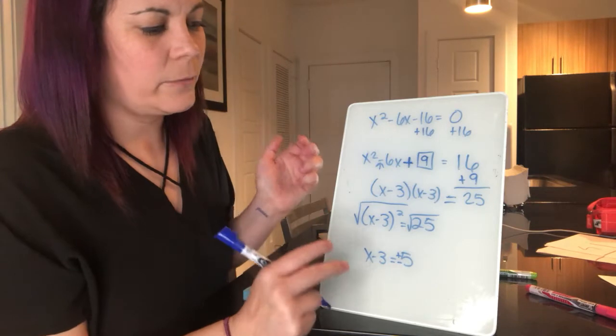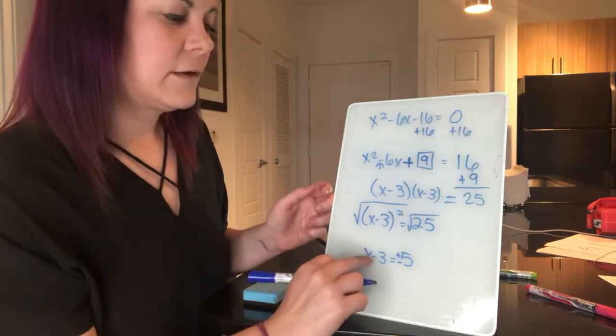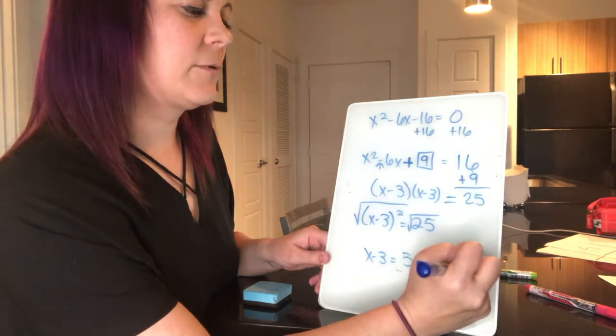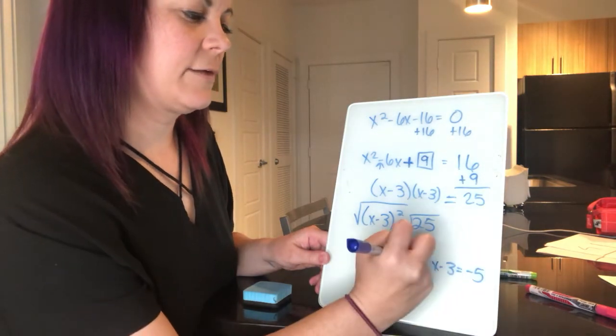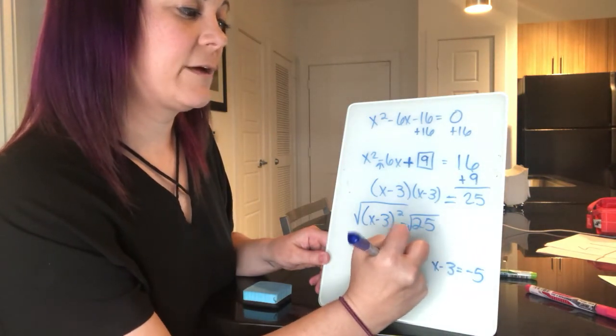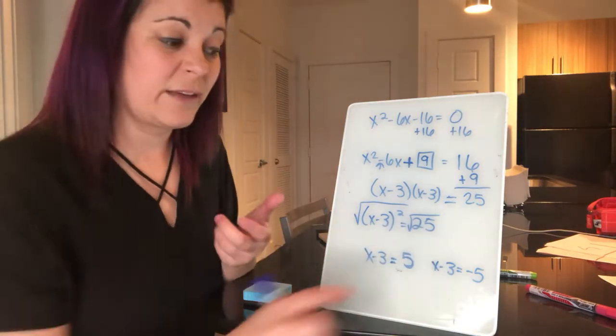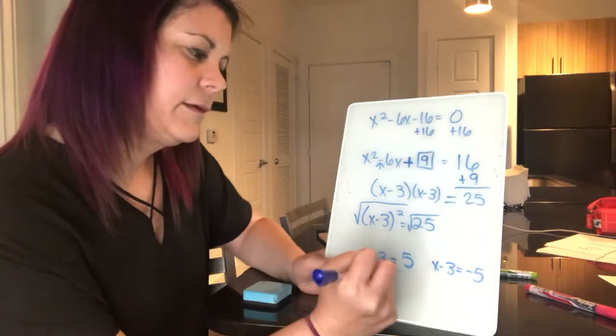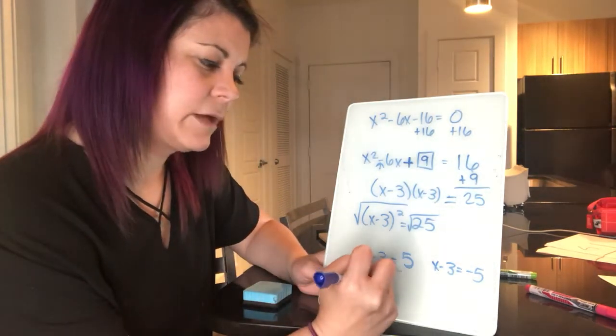So basically, we're solving two different things: x minus 3 equals positive 5, and x minus 3 equals negative 5, because the square root of 25 can be either positive 5 or negative 5. And we'll solve them both. It's okay to have two answers.